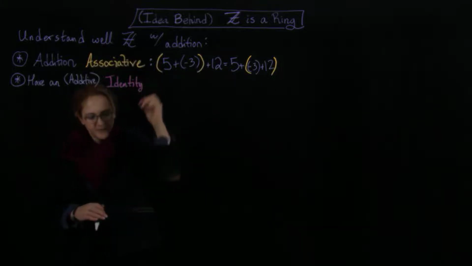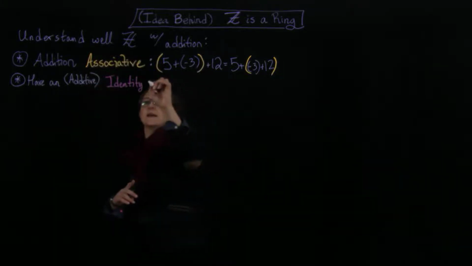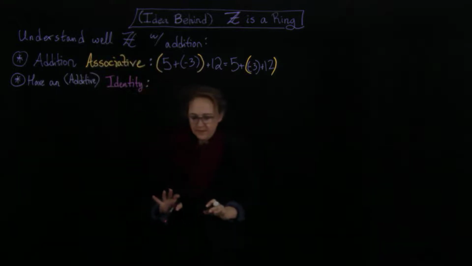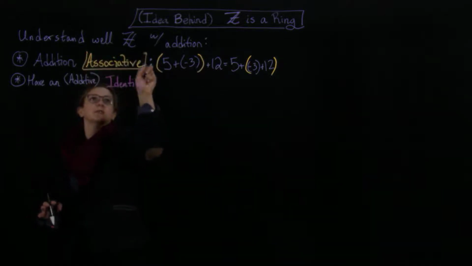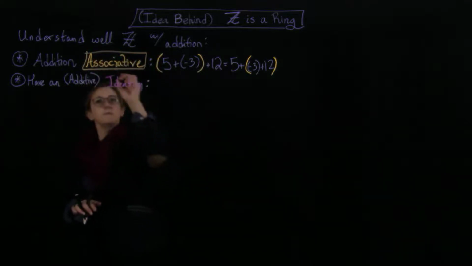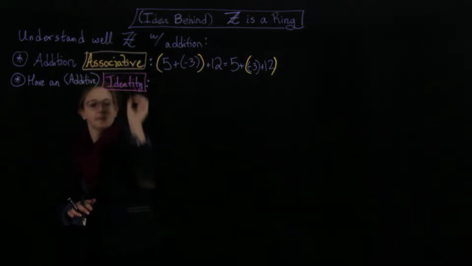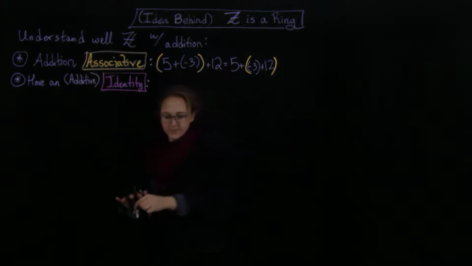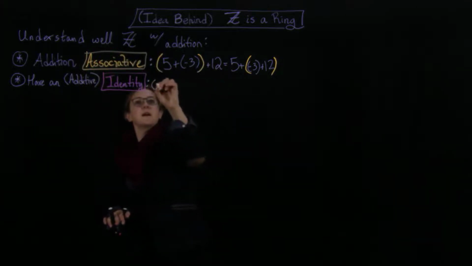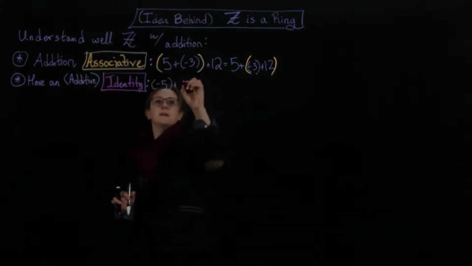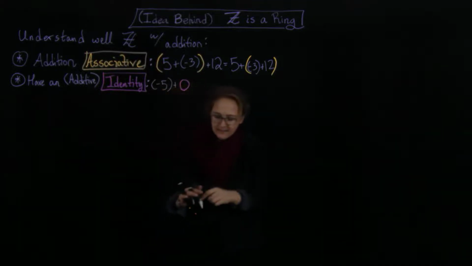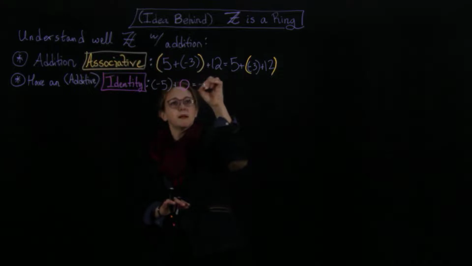This is associative, this is identity. If I take -5 and add this additive identity 0, the do-nothing element, I get out -5.